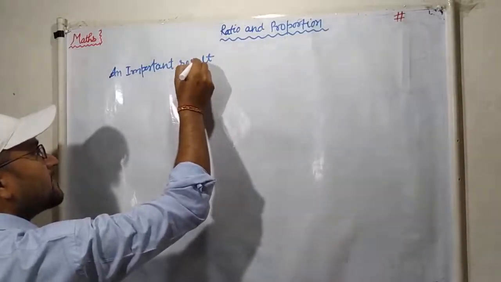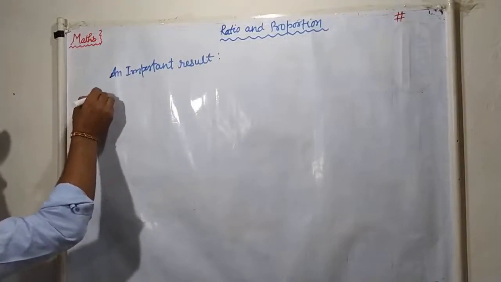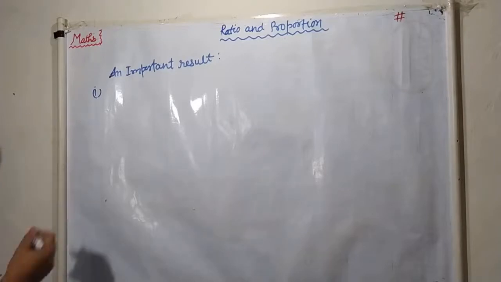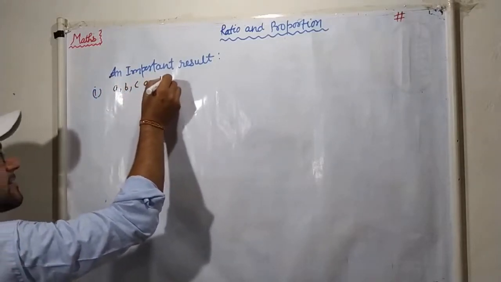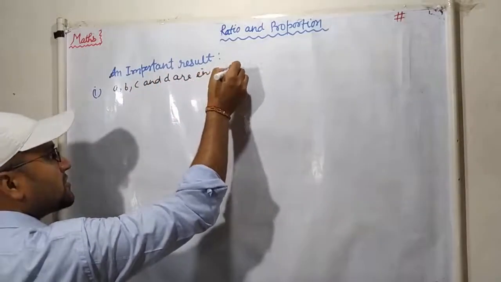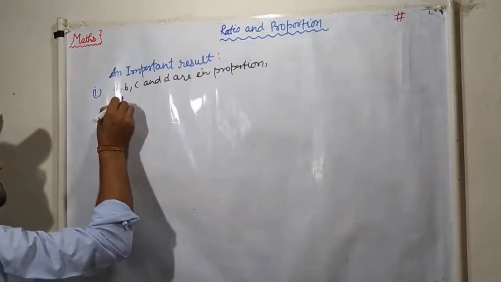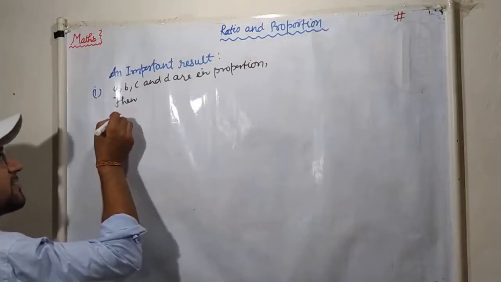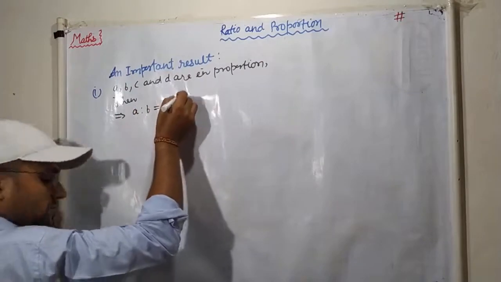See this first one. Okay students, A, B, C, D are in proportion. If A, B, C and D are in proportion, then you will write this as A is to B is equal to C is to D.